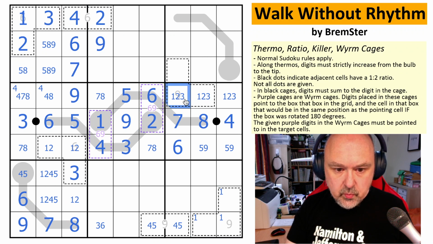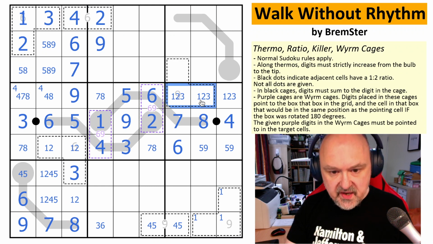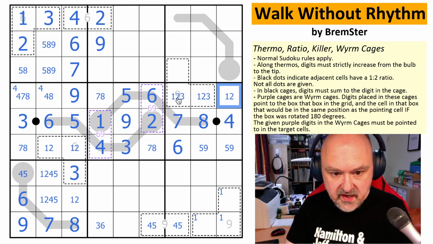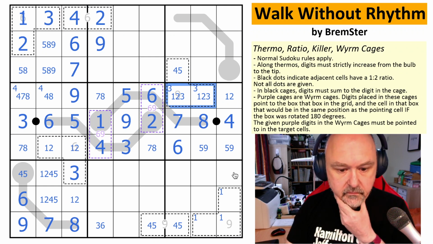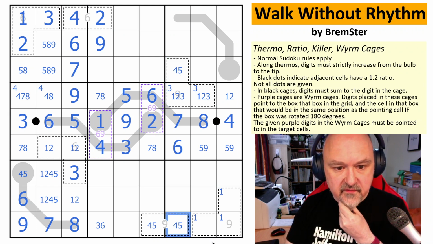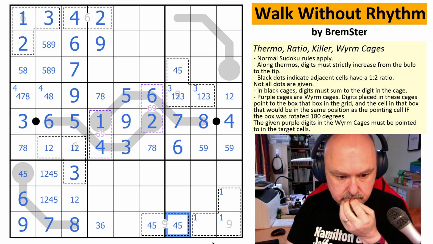If this was 1, 2, it would be 1, 2, 6, so that doesn't work. So there must be a 3 in here. There's no 3 in here. There must be a 3. If it's 1, 3, then that's 4 and I need another 5. If it's 2, 3, then that's 5 and I need another 4. That gives me a 4, 5 pair in the column.